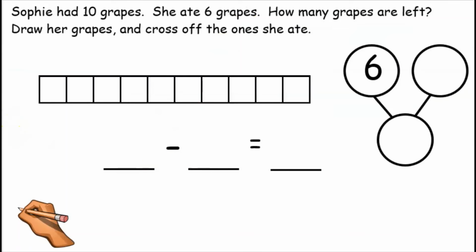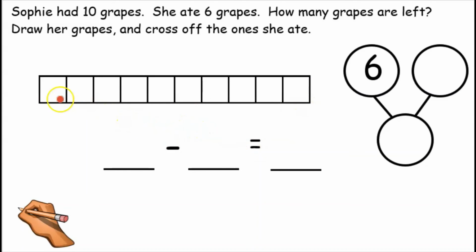Okay, here is some practice with a cube stick. Sophie had 10 grapes. She ate 6 grapes. How many grapes are left? These cube sticks represent our grapes.